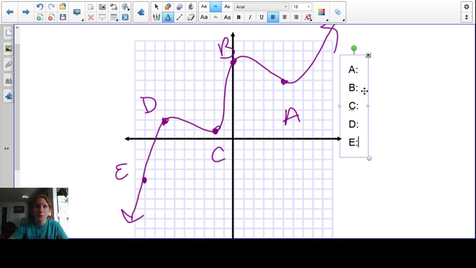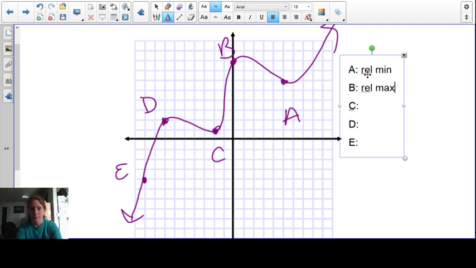Alright. What do you notice about A? Minimum, maximum, nothing. Well, he's supposed to be a relative minimum again. Doing these as best as we can, plotting on a computer is not the easiest thing. B should be a relative maximum. C, you guessed it, relative minimum.